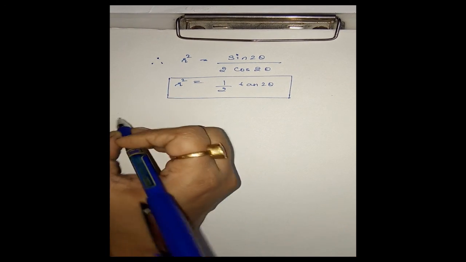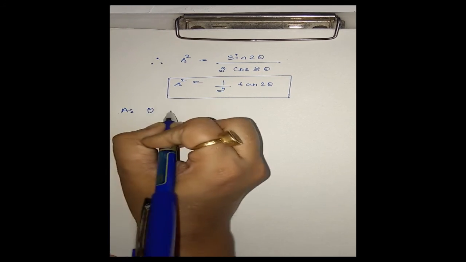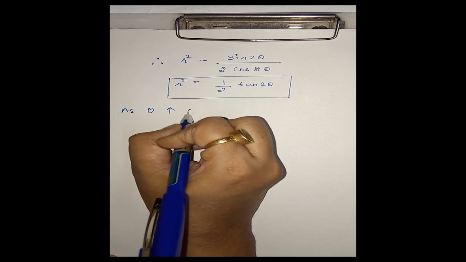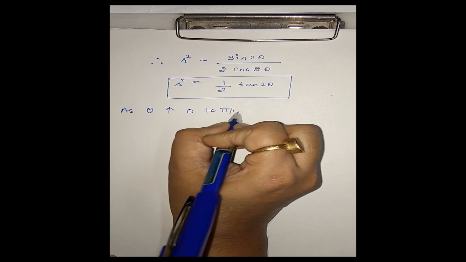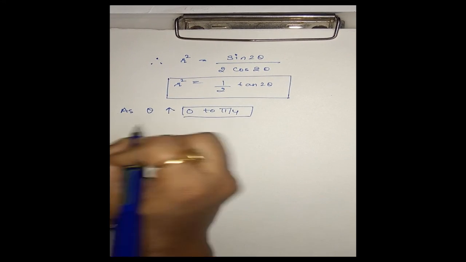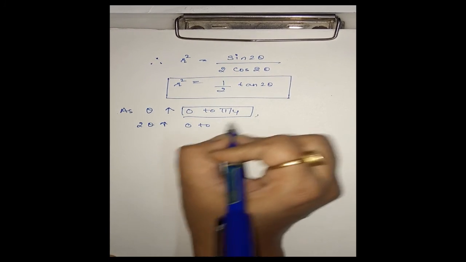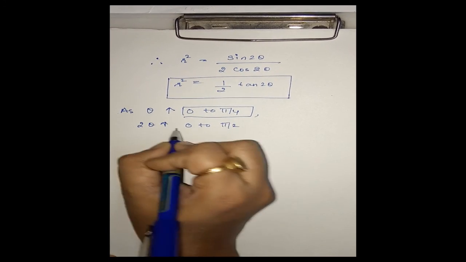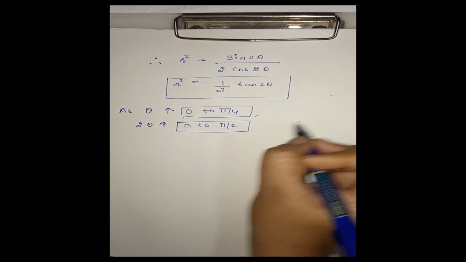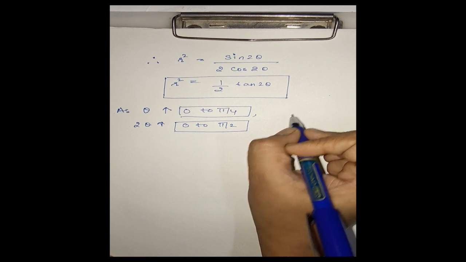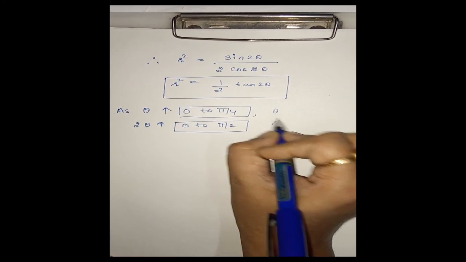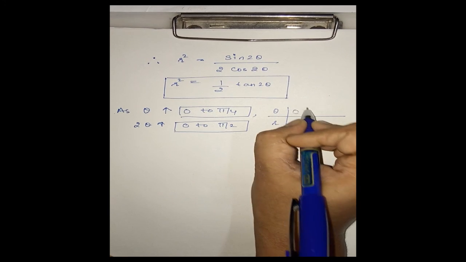Now, as θ increases from 0 to π/4, 2θ increases from 0 to π/2. For example, if I take θ as 0, 30 and 45 degrees: at 0, tan 0 is 0.